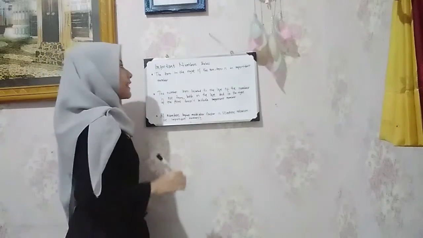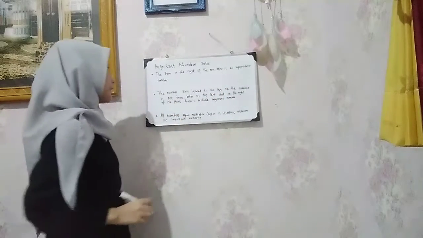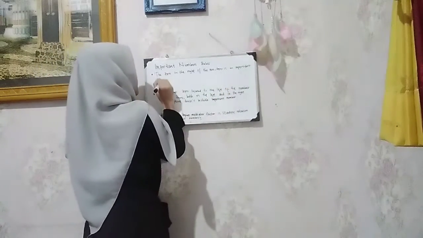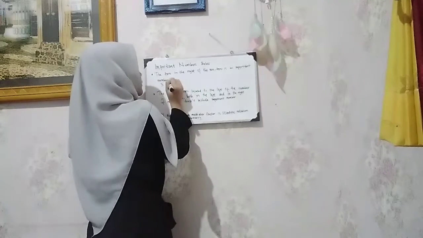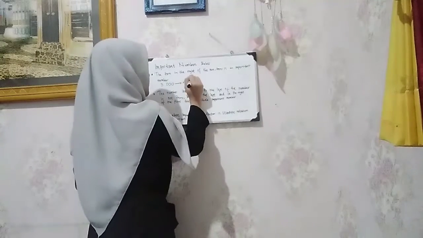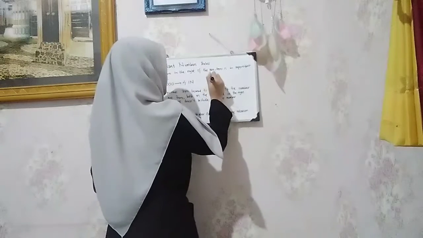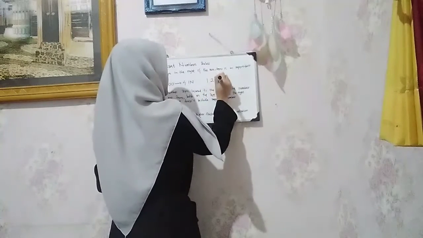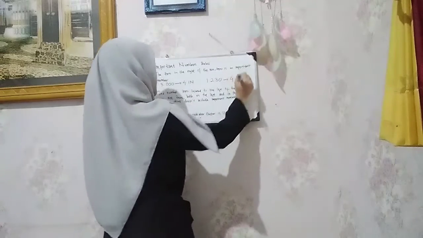The 0 to the right of the non-zero is an important number. For example, 3.000 has 4 important numbers. 1.230 has 4 important numbers.